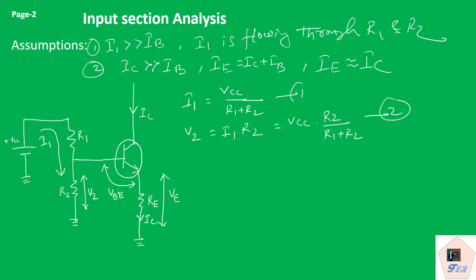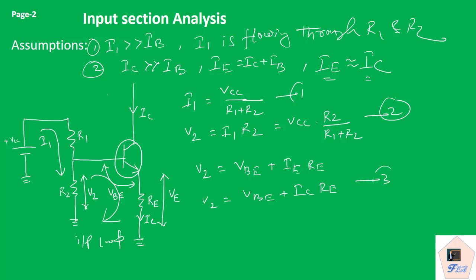Now here, if we apply KVL in this particular loop, which we can consider as the input loop, then we can write V2 equal to VBE plus IE into RE. But we have considered IE equal to IC, so V2 equals VBE plus IC into RE. Let us call it equation number 3.